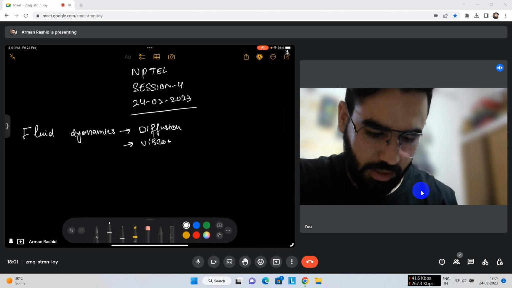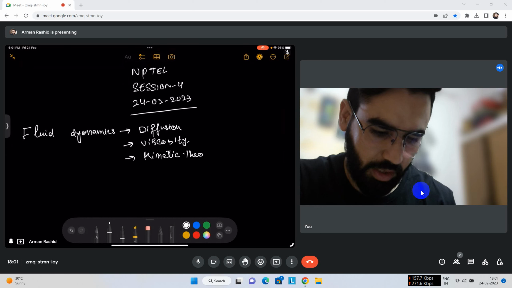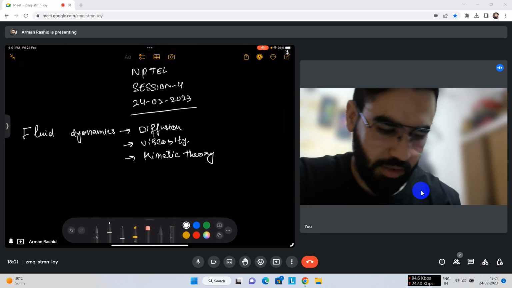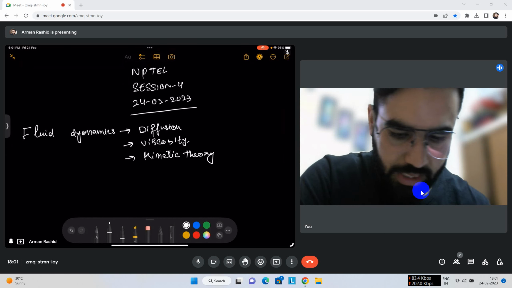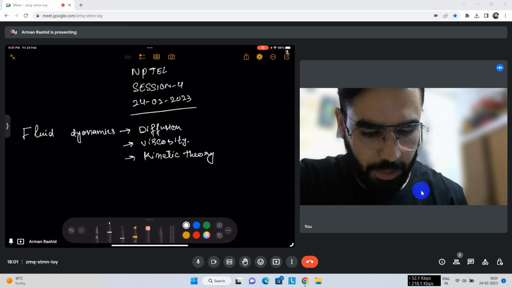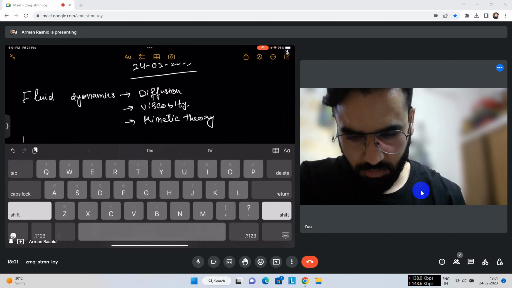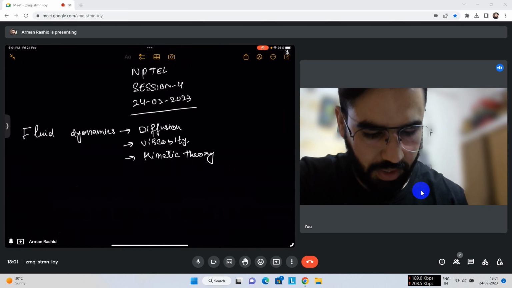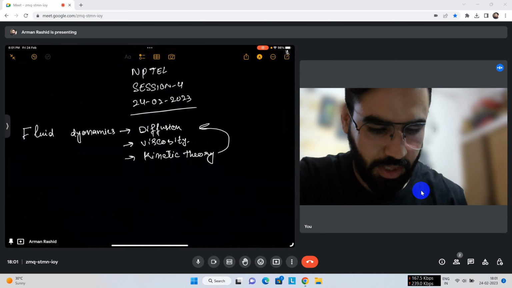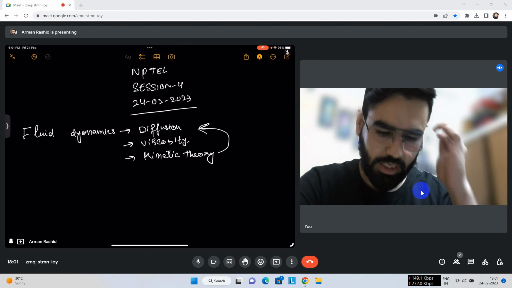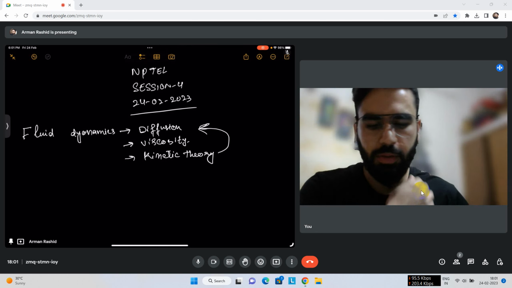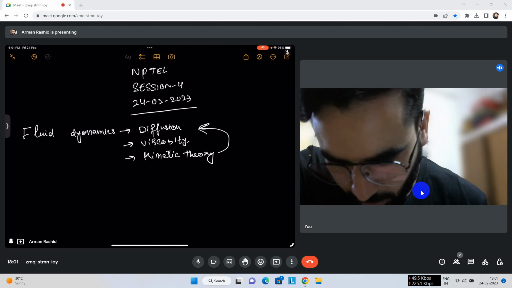Then, using the kinetic theory of the gases, how we can correlate different parameters like the mean velocity, and how we can relate the kinetic theory of the gases to the diffusion. So using these concepts we'll have some problems and we'll try to solve them.